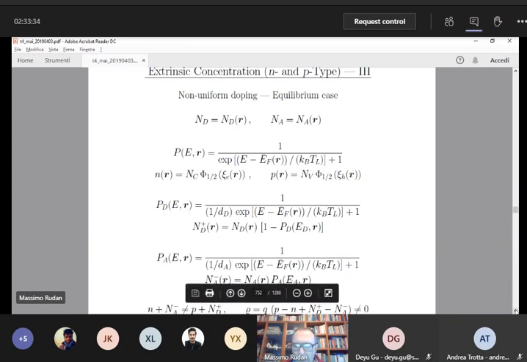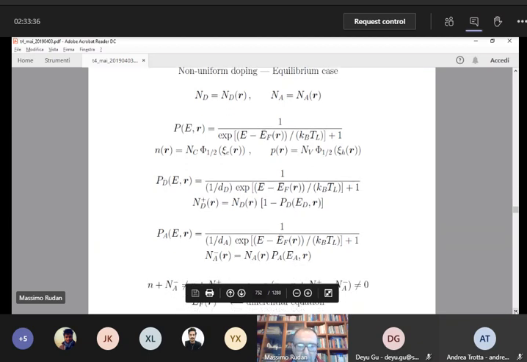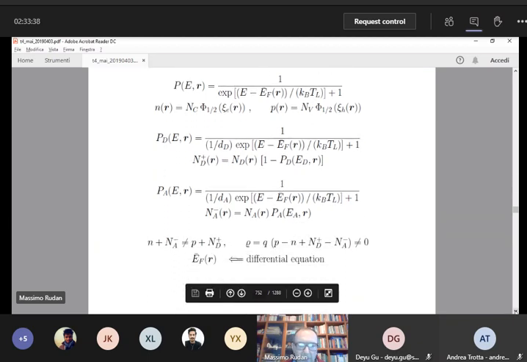And for the ionized acceptors or donors, we have ND plus depends on r, because first of all, the concentration ND depends on r, and also because the statistics depends on r.